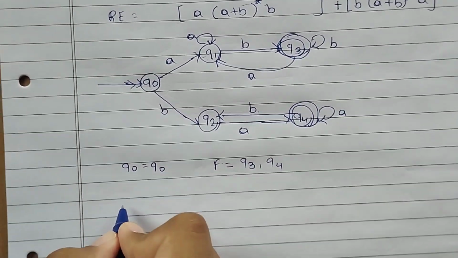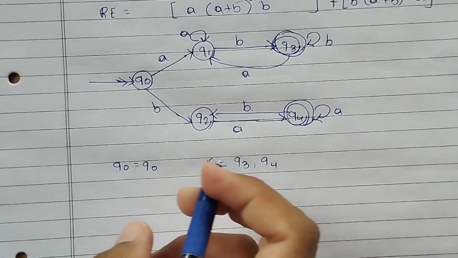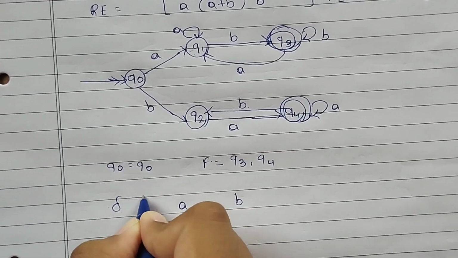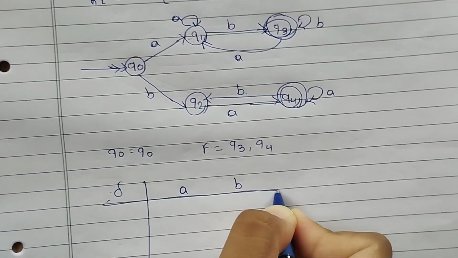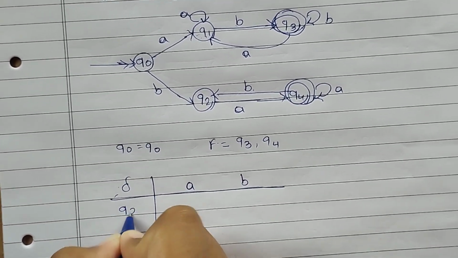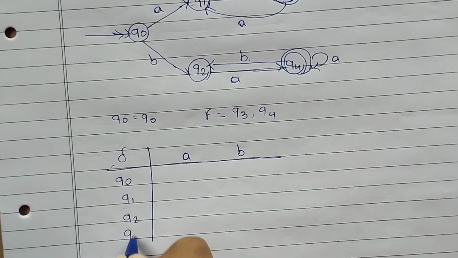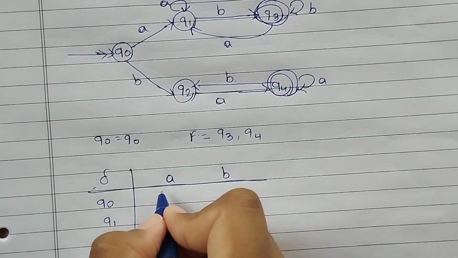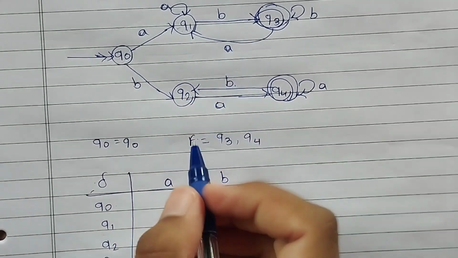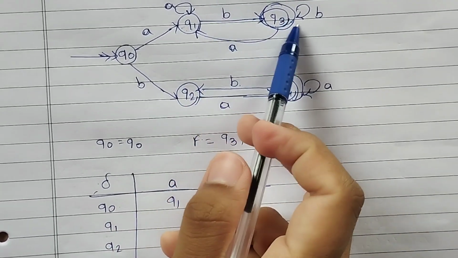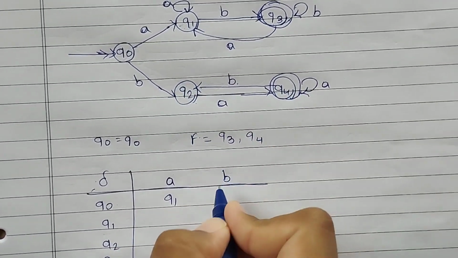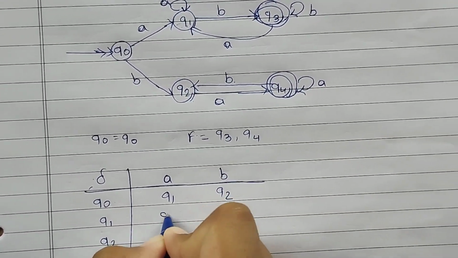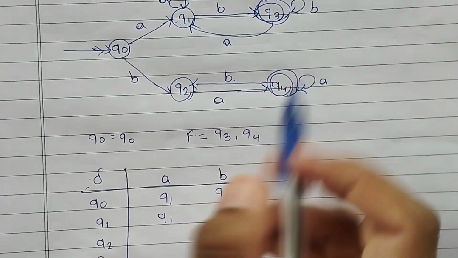Now we draw the transition table of the DFA. So here are the inputs A, B, and the states are Q0, Q1, Q2, Q3 and Q4. Q0 reads A to Q1, Q0 reads B to Q2. Q1 reads A to Q1 itself, and Q1 reads B to Q3.